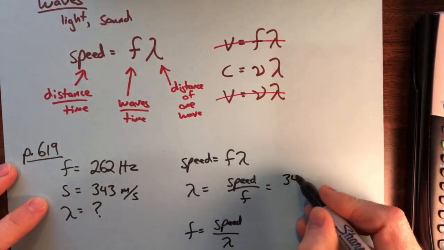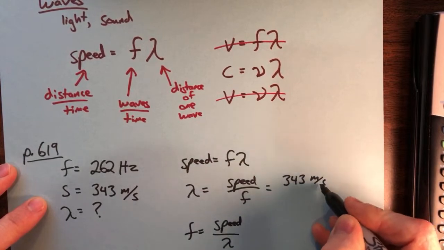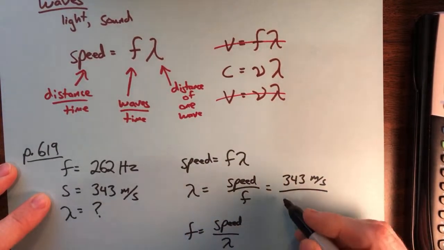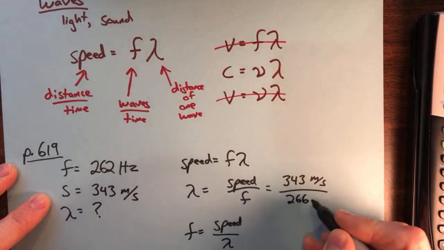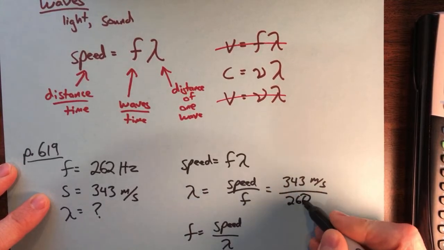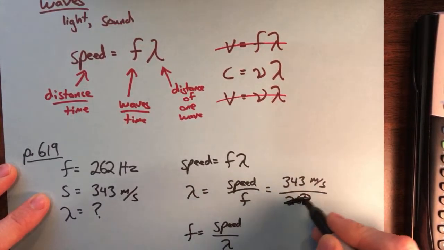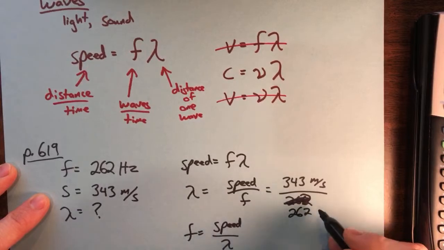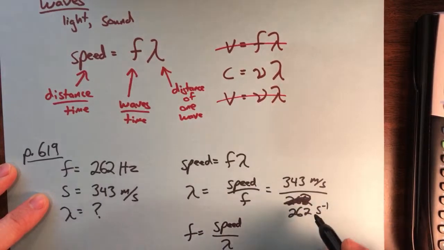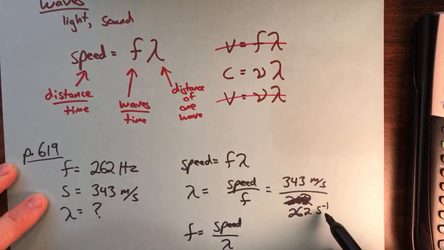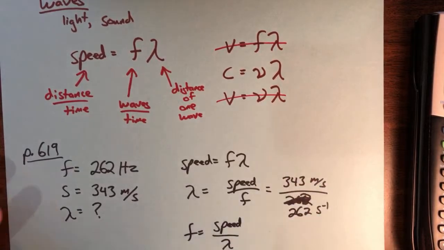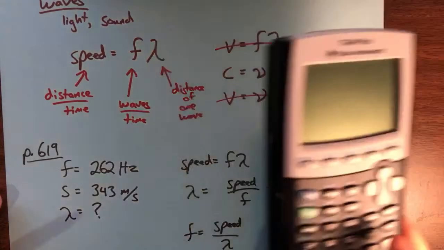It's 343 meters per second divided by the frequency of 262 hertz. And hertz are inverse seconds. So the per seconds over per seconds are going to cancel, and your units are going to be left as simply meters.